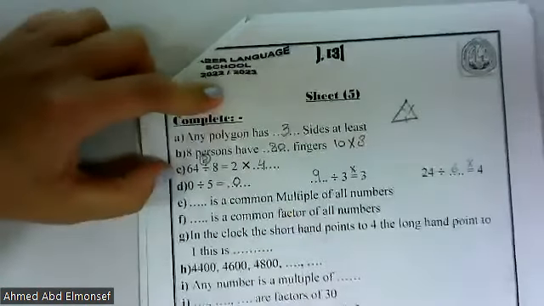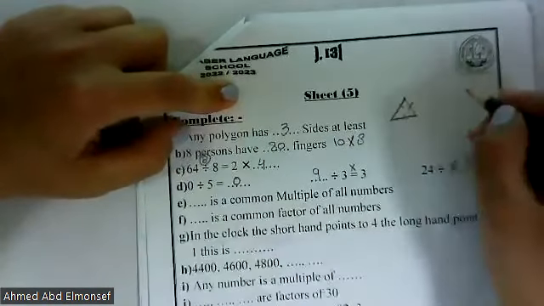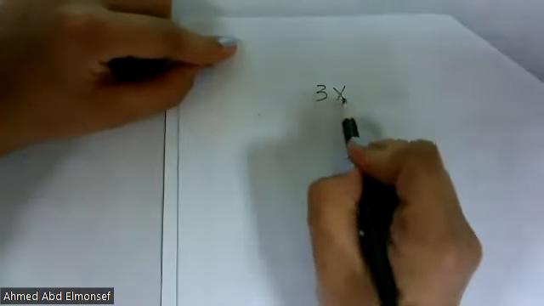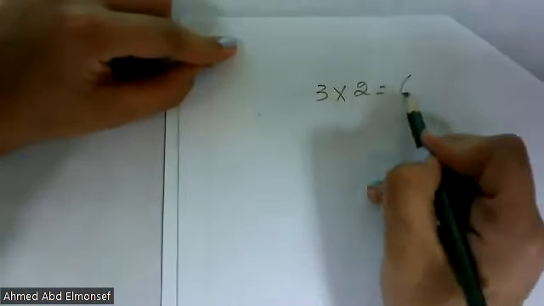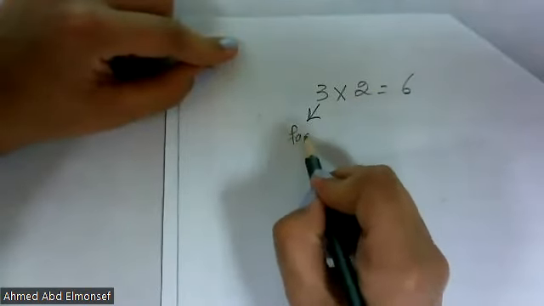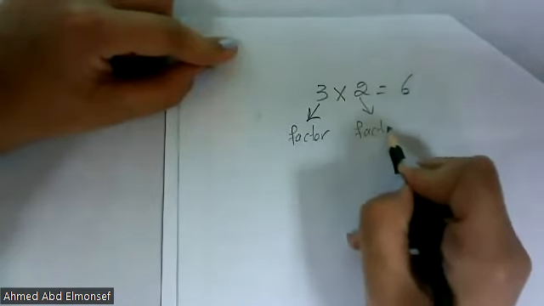The multiple, we know that the multiple is the number which is written after the equal. For example, 3 times 2 equals 6. Let's recall: 3 is a factor, 2 is also a factor.